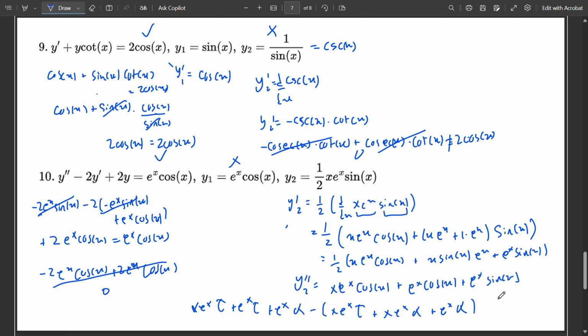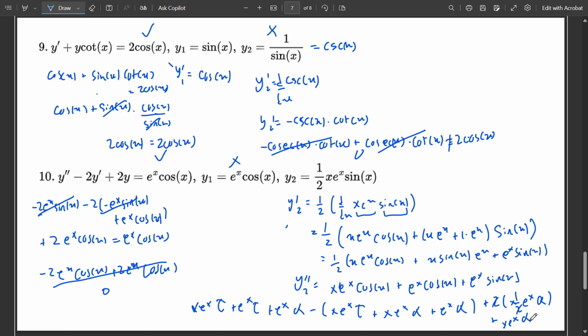Then we have plus 2 times our y, which is a half x e to the x alpha. This can cancel; we have plus x e to the x alpha.